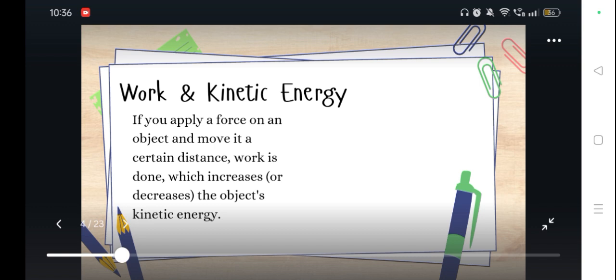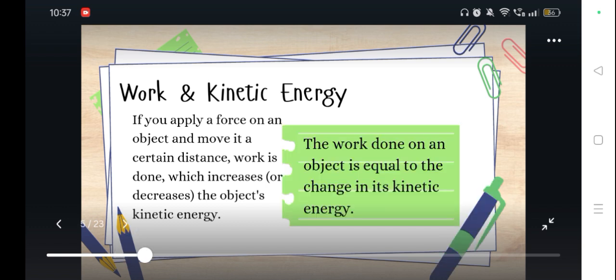Now, how is work related with kinetic energy? If you apply a force on an object and move it a certain distance, work is done. So this work will increase or decrease the object's kinetic energy.